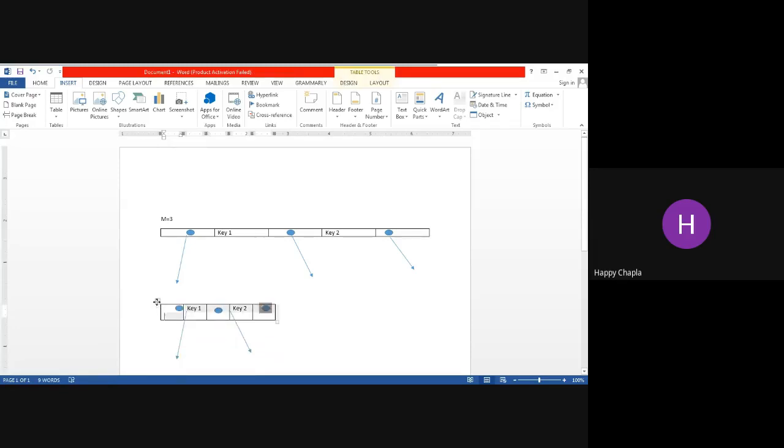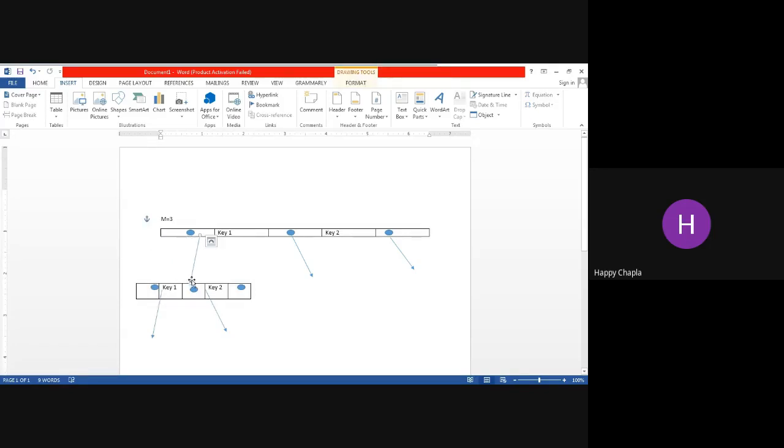And we can pointing towards this. This is the next level node. Clear? The same thing is also available over here, this side also, and this side also.